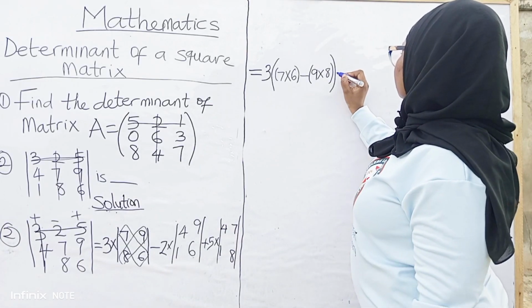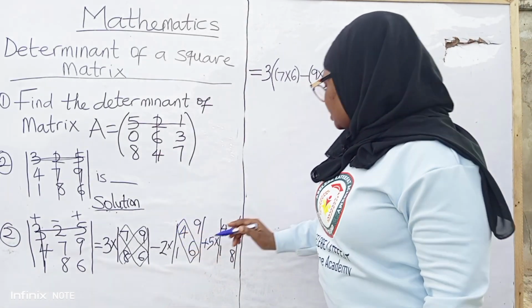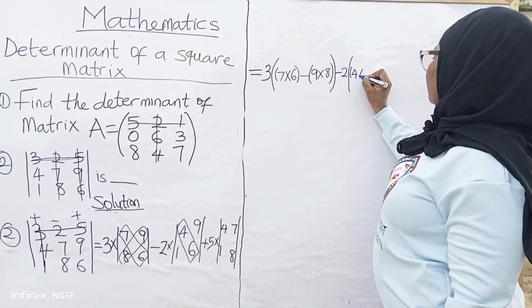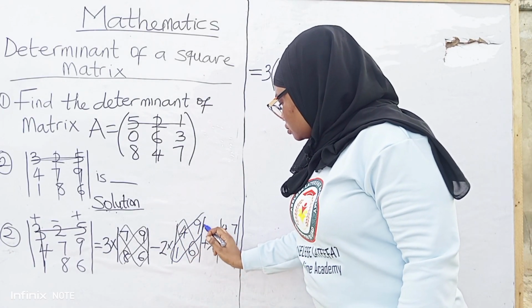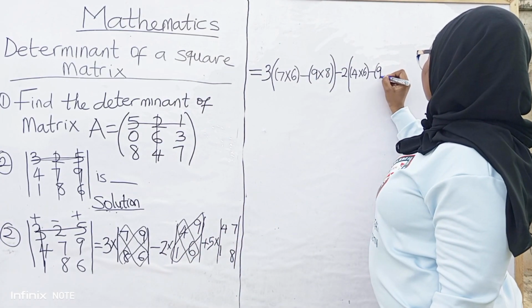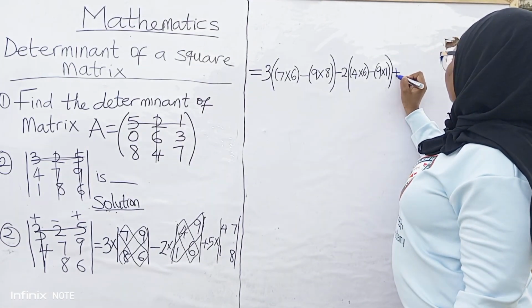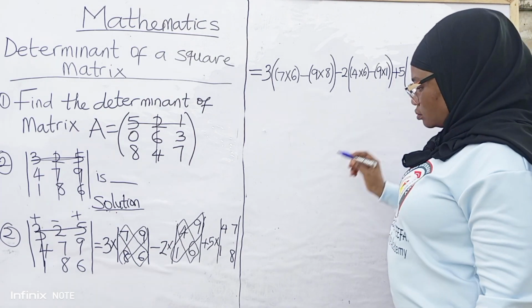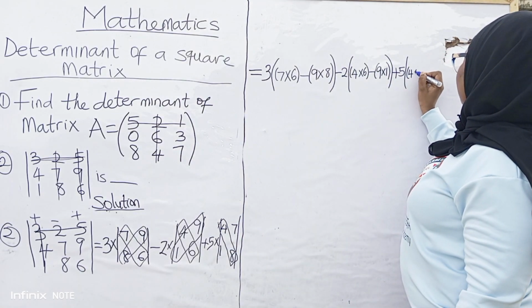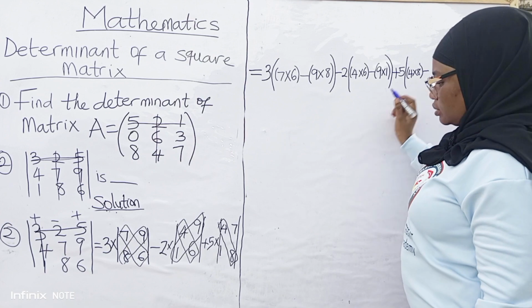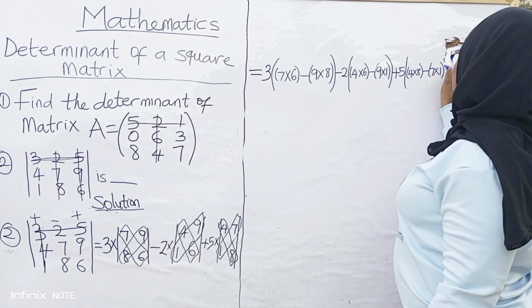Then minus 2, so this is 4 multiplied by 6 minus 9 multiplied by 1. Then plus 5, this is 4 multiplied by 8 minus 7 multiplied by 1.